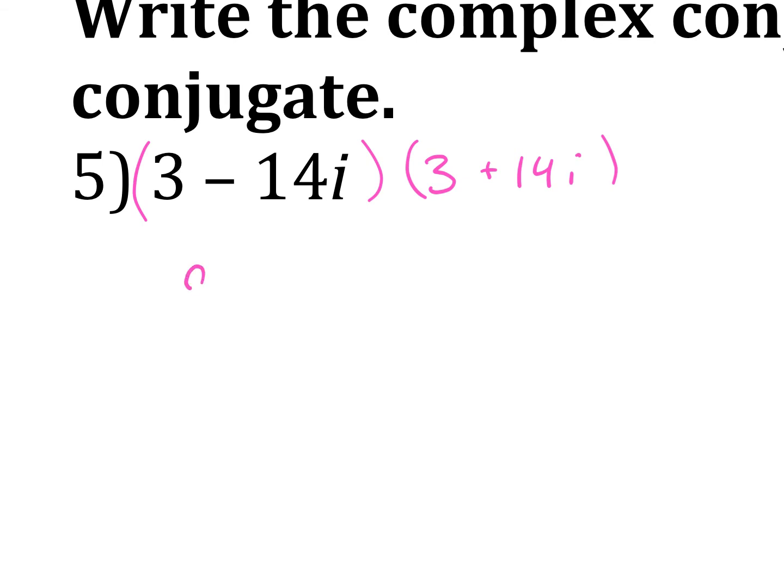Multiply our first terms, our outside, so it's 3 times 14i, 42i minus 42i. And then negative 14i times positive 14i.